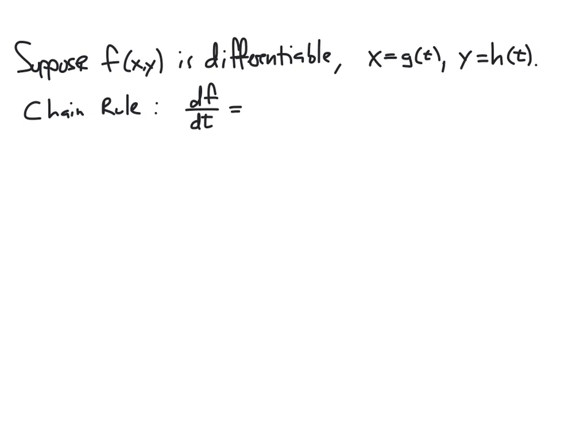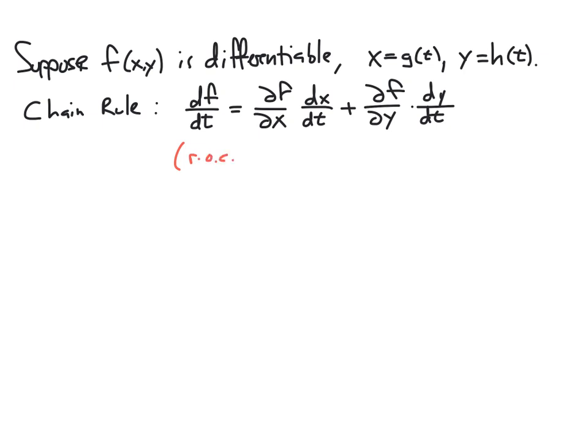So we have df/dt is going to be del f/del x times dx/dt plus del f/del y times dy/dt. This gives us the rate of change with respect to t, which is not quite what we want. We don't have a direction here.